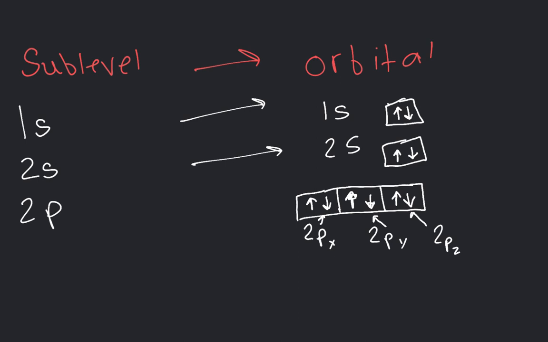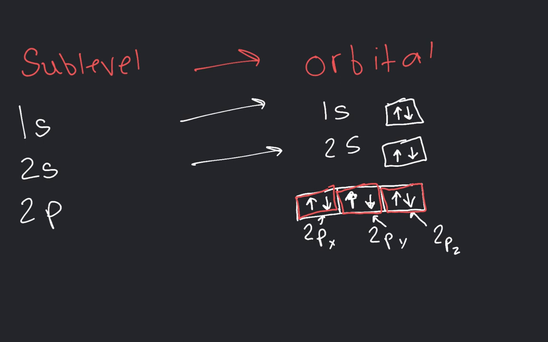So this is interesting because although there's only one 2p sublevel, there's one orbital here, one orbital here, and one orbital here.